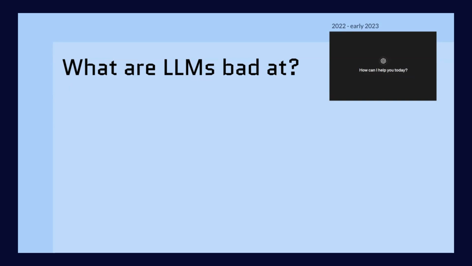Okay, maybe it's just doing pattern matching, not reasoning very well. Anything else? Anything that happened after they were trained? Yes, that's a good one. It only knew events up to when it was trained.